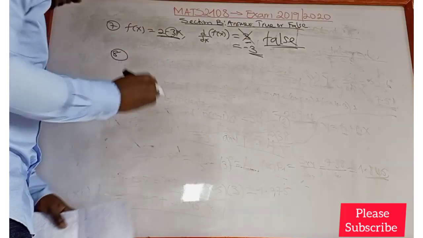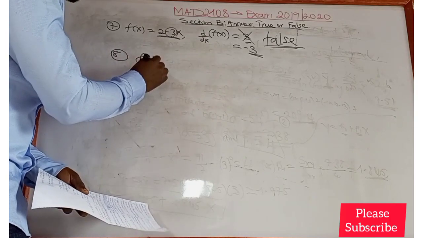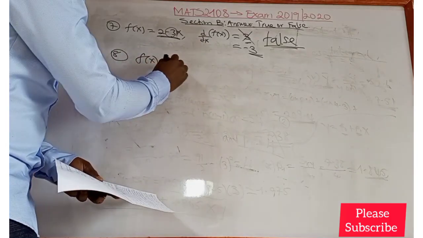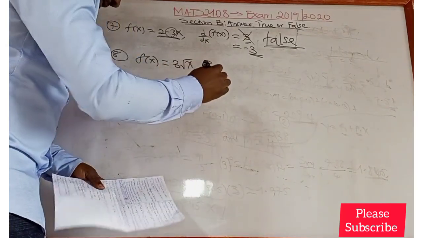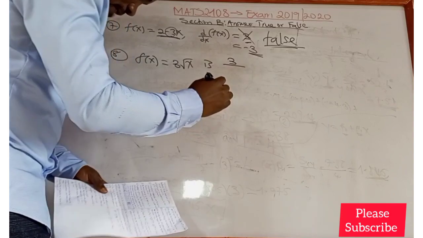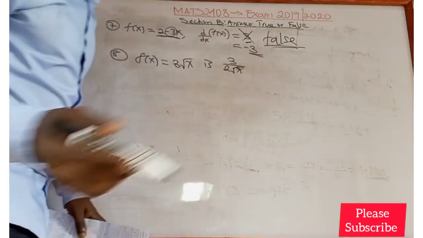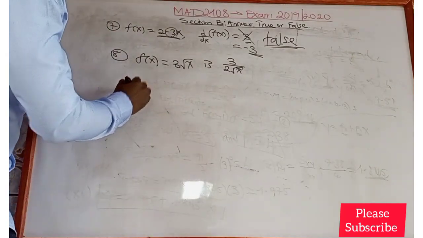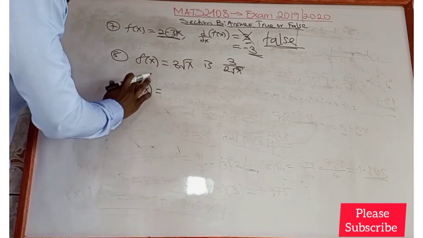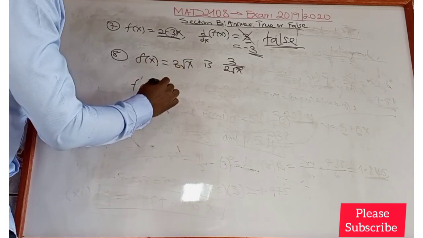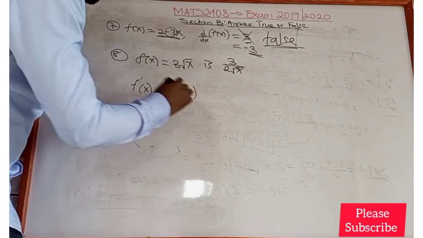Then number 8 says that the derivative of the function f of x equal to 3 root x is 3 divided by 2 root x. Well, let's find out if that is the derivative. So differentiating this function, we first of all express this as 3 times x to the power half.